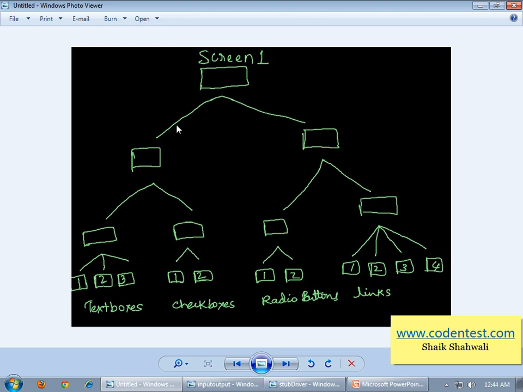This is repeated until the component at the top of the hierarchy is tested, isn't it? We are moving from bottom to the top, so it's bottom up integration testing.